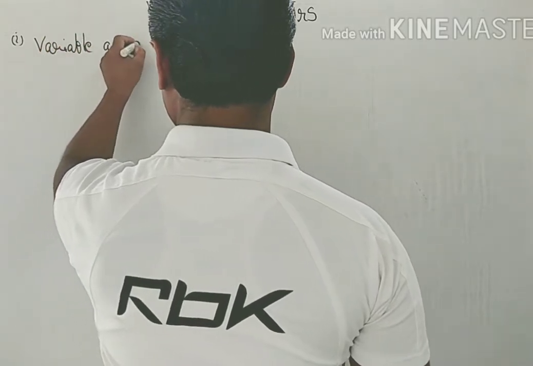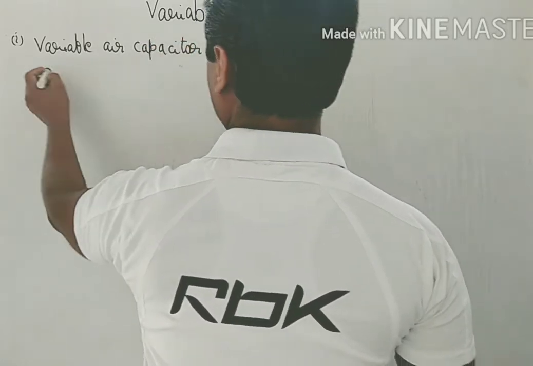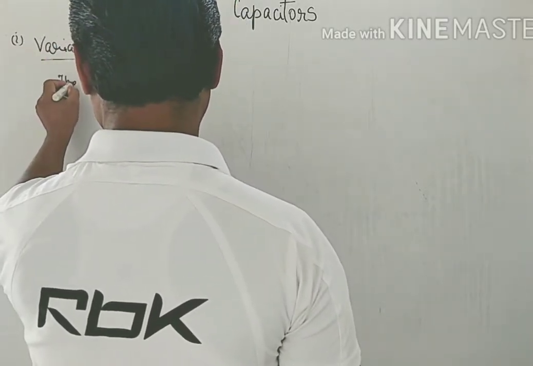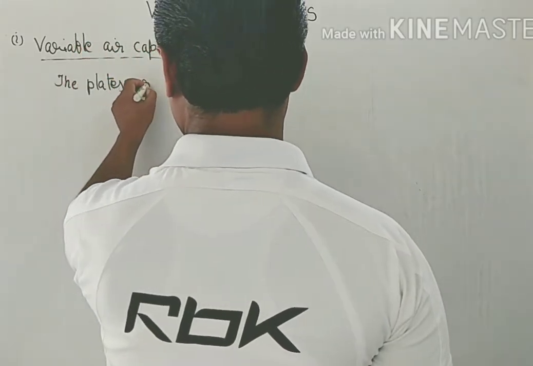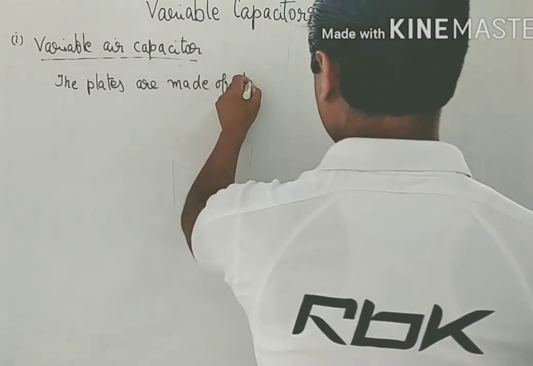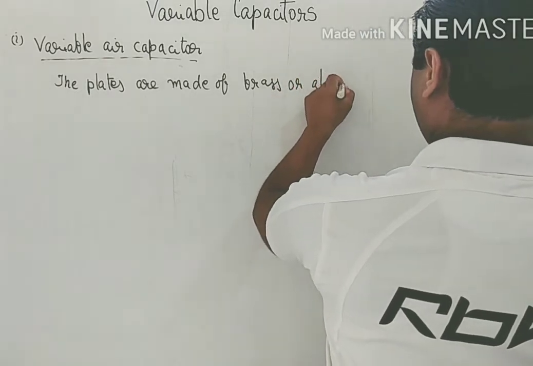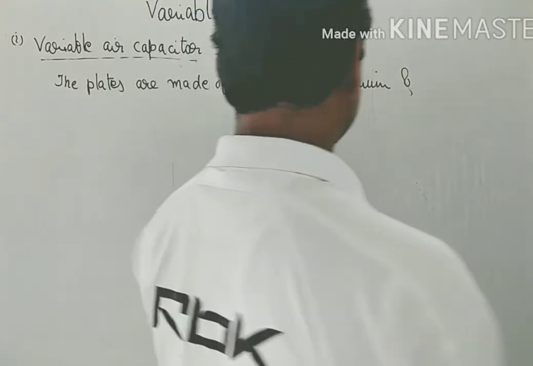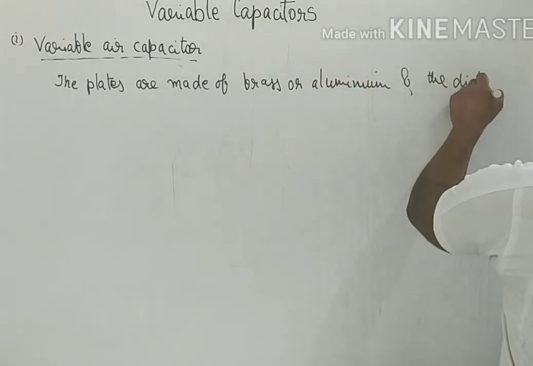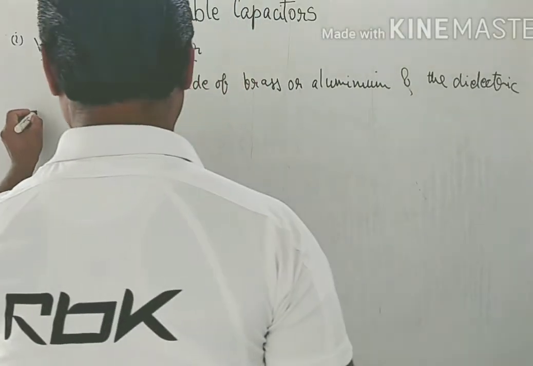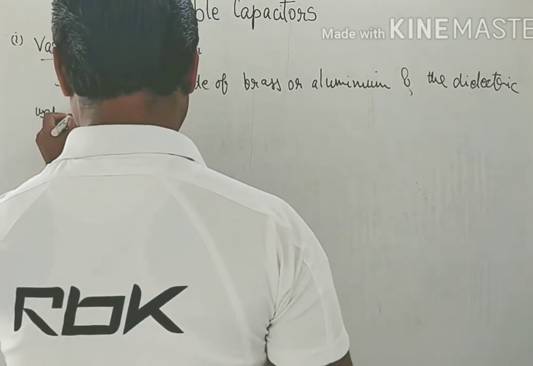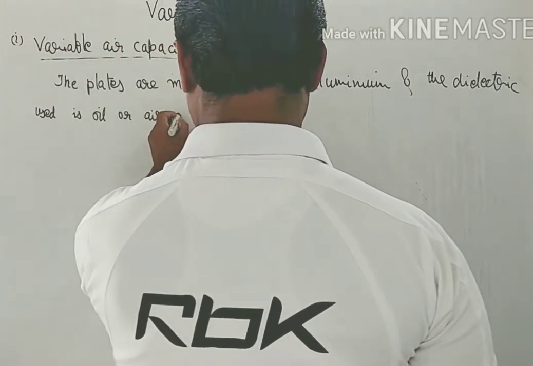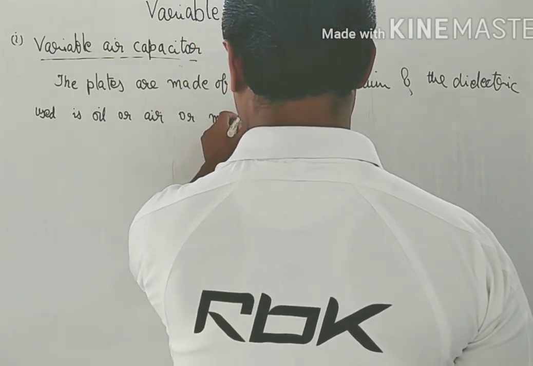Variable air capacitor. In such capacitors, the plates are made of brass or aluminium, and the dielectric used is oil, or as per the name suggests, air, or there may be mica.